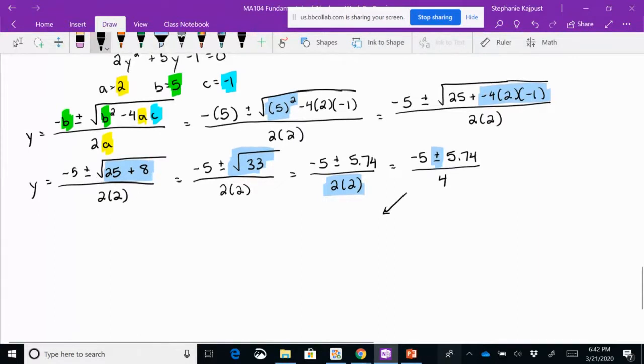So one of them, we have y equals -5 plus 5.74 over 4. And then we have y equals -5 minus 5.74 over 4.